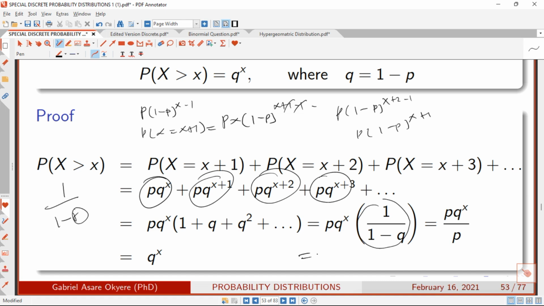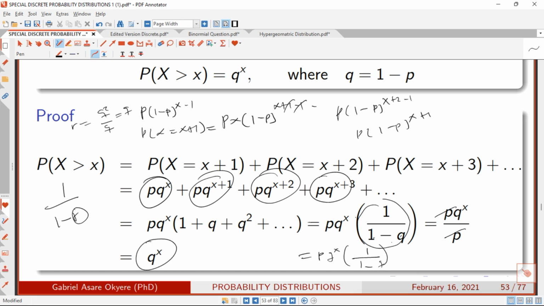This gives us pq raised to the power s, bracket open, 1 divided by 1 minus r, and r is equal to q squared divided by q, which gives us q, the common ratio. So 1 minus q is what we have here, and 1 minus q is p. So this one multiplies to give p times q raised to the power s divided by 1 minus q, which is p, and this p cancels that, and we get our final answer to be q raised to the power s.